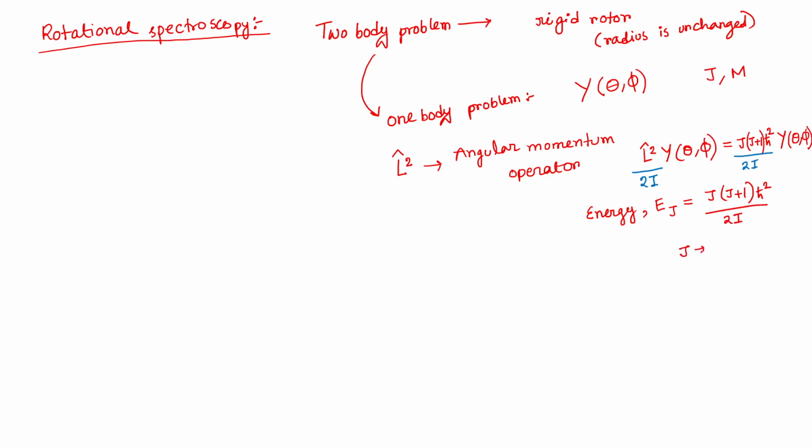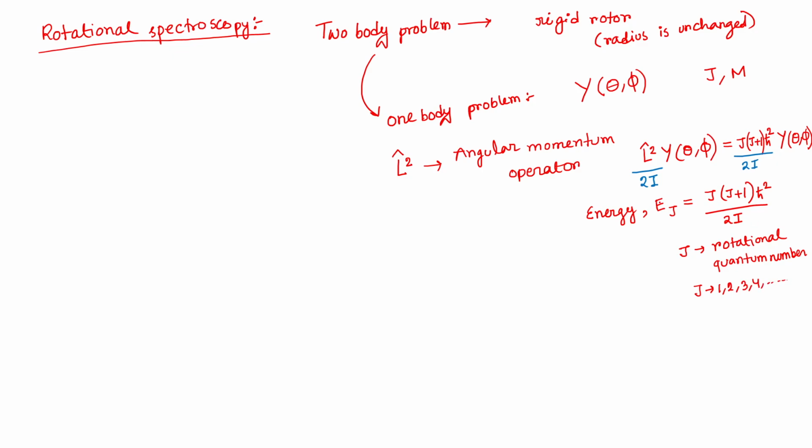J is the rotational quantum number where J can be 1, 2, 3, 4 and so on.